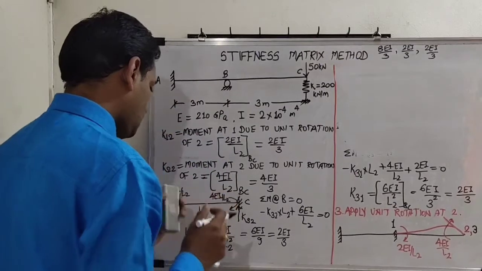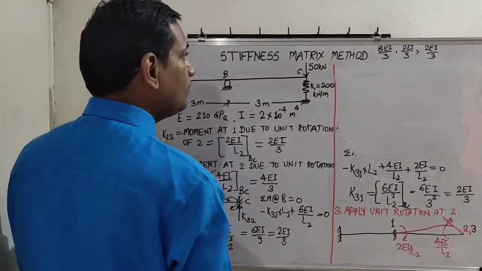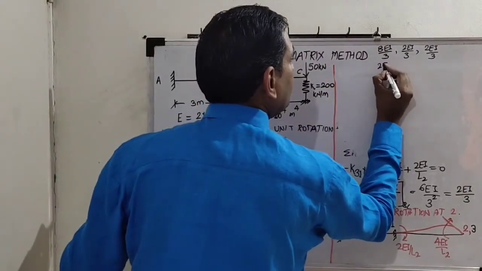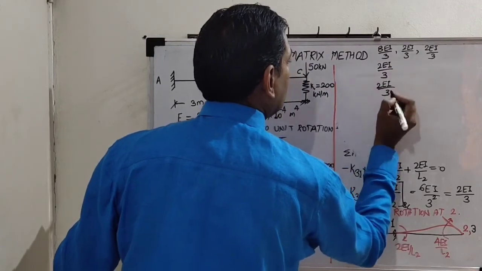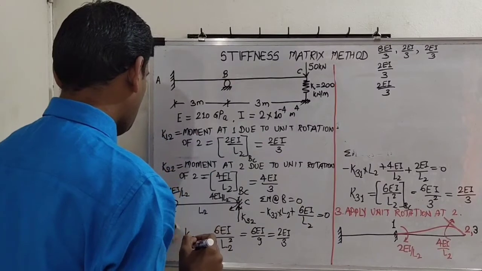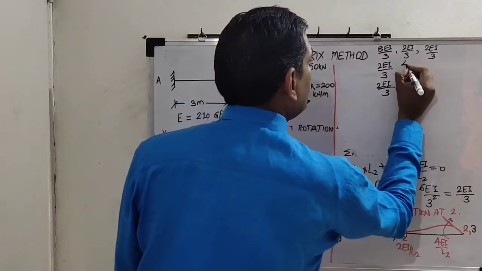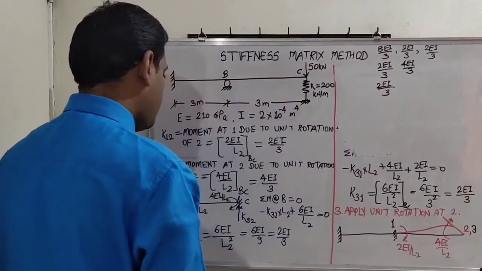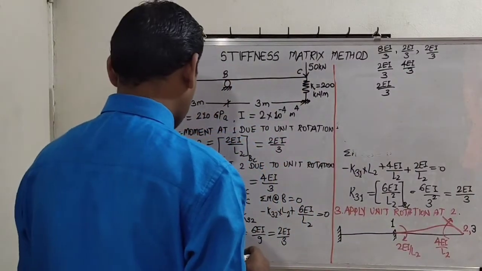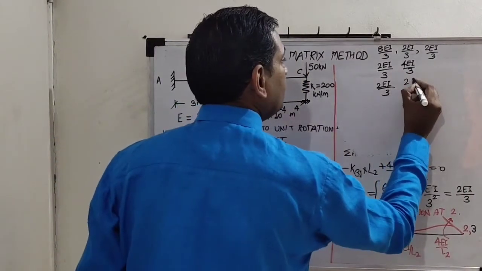So K12, so this will be here 2EI by 3, 2EI by 3. K22 will be 4EI by 3. This is K32, 2EI by 3.